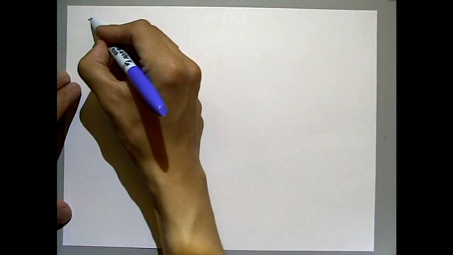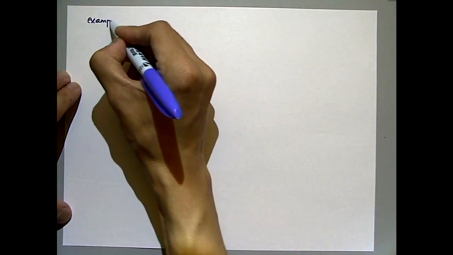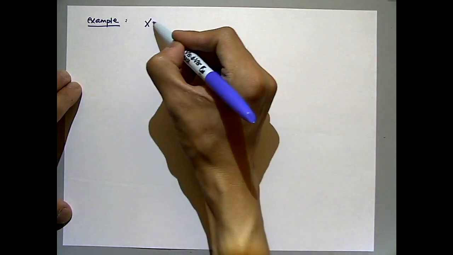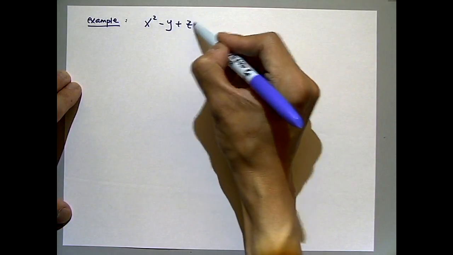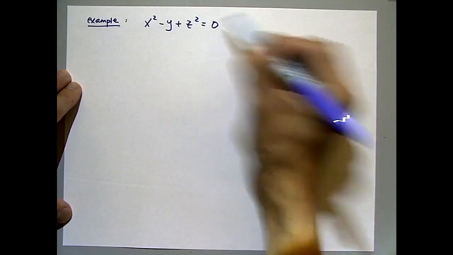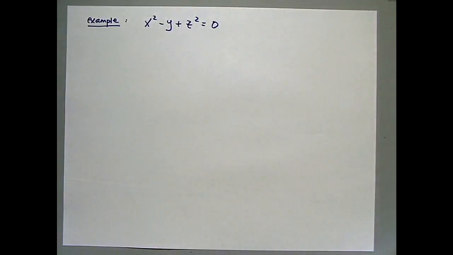The next one, now we're going to make one of the variables not squared. We'll leave two variables squared and one of them not squared. x squared minus y plus z squared is equal to 0.